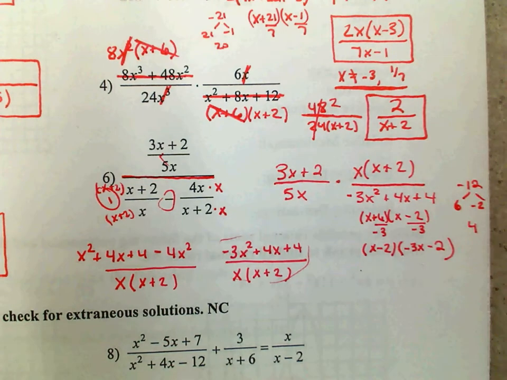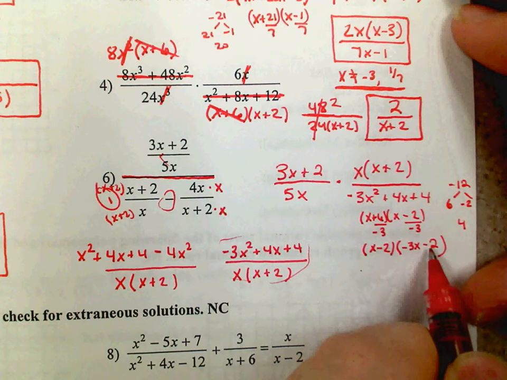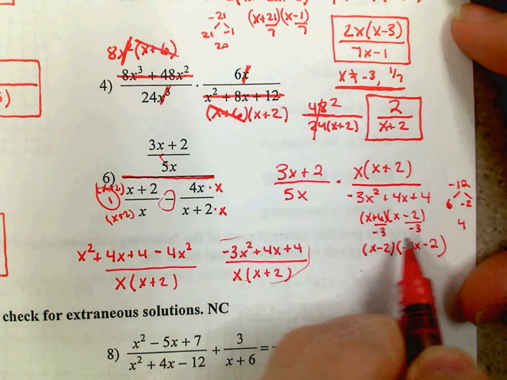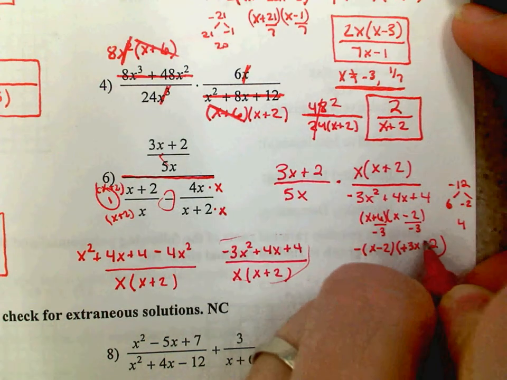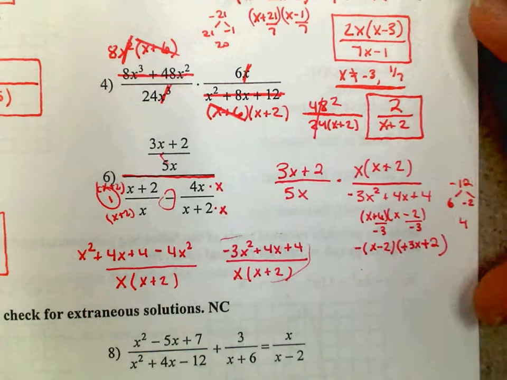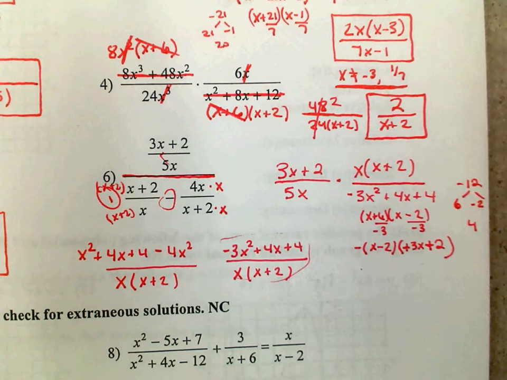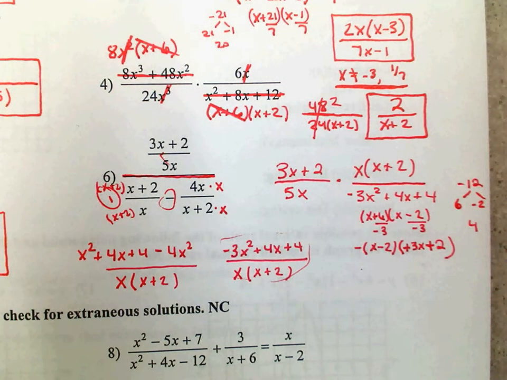Now from here, since they're both negative, I would just pull that negative out in front, and I would make both of these positive. So we've got negative, and then in parentheses x minus 2, and then 3x plus 2.